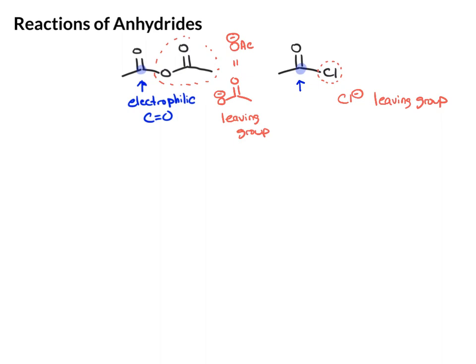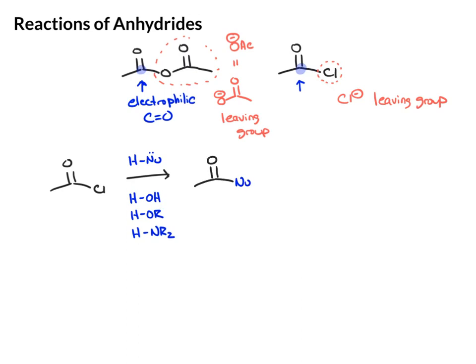Now, keeping up with our comparison of acid chlorides, if you took some nucleophile with a hydrogen on it, so that could be something like, we did water, alcohols, or amines, what we found would happen is that the group would replace the chlorine, and you formed a new carboxylic acid derivative.